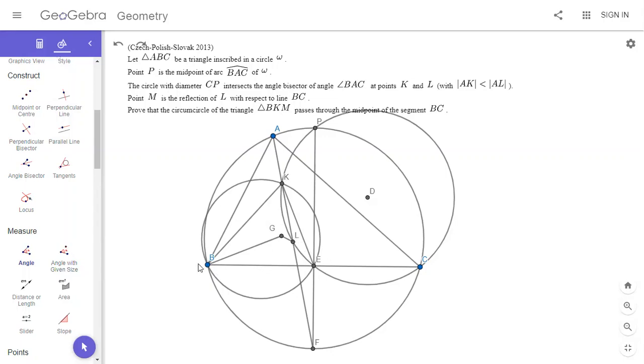So from there we know LBF, and we could say LBE is LBF minus EBF. We want to show LBE is LGE. And LGE, that's the angle between LG and GE.